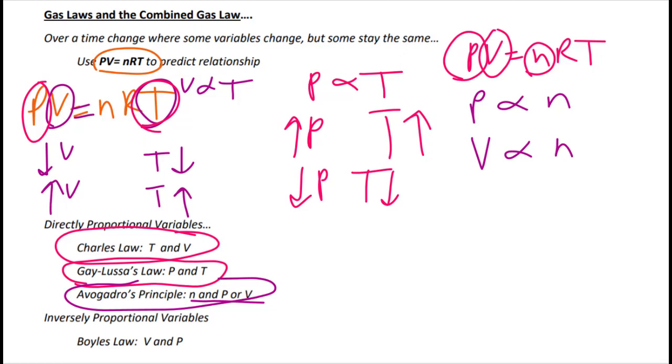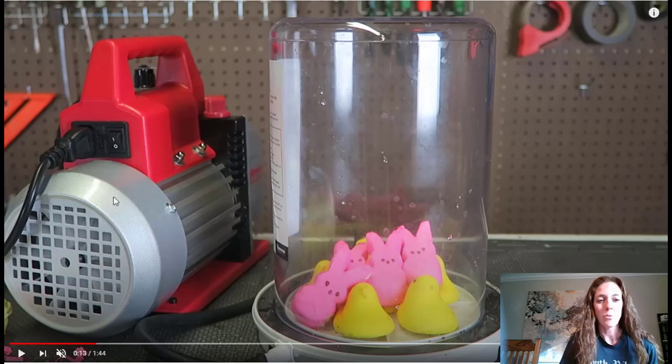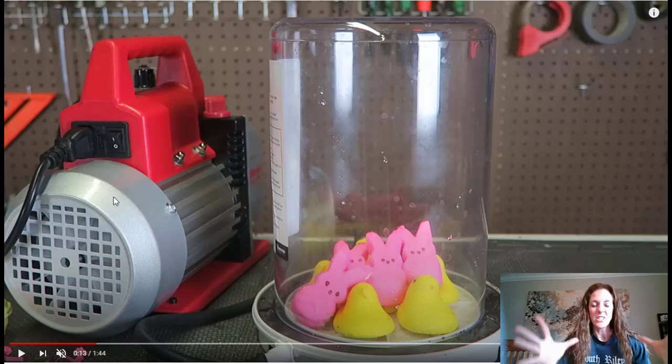Now let's look at an example of Boyle's law. All right, so in this next example, we have these airy Peeps placed inside a vacuum chamber where, when we turn this on, it's going to suck all of the air out of that container. So the pressure is going to go way down inside.